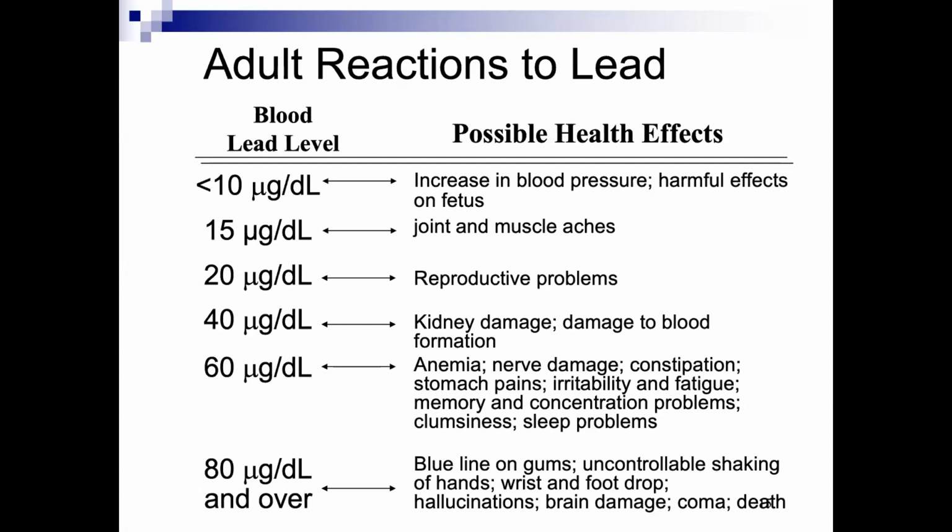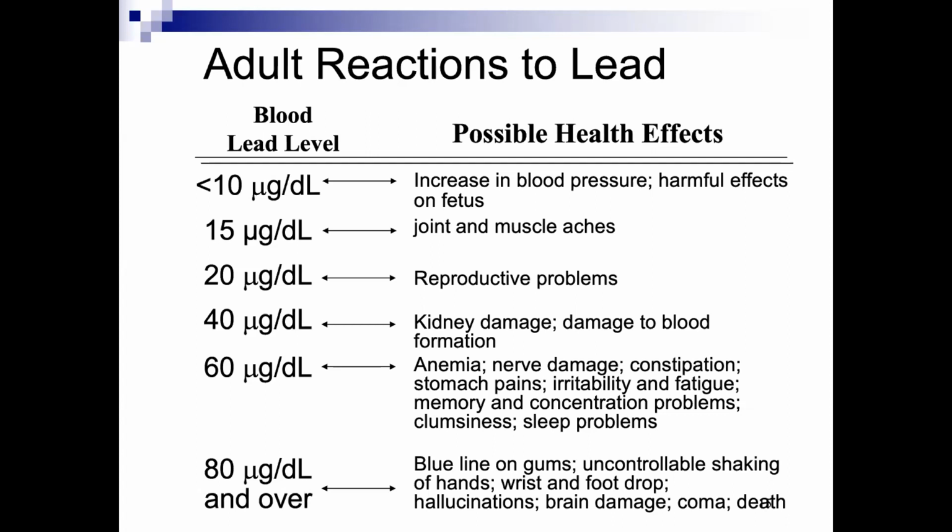Reproductive problems can start as low as 20, and I would say probably even lower than that. The research is continuing on how lead and other metals affect the various systems in our body. At 40 micrograms per deciliter, kidney damage and damage to blood formation. At 60 micrograms, anemia, irritability and fatigue.